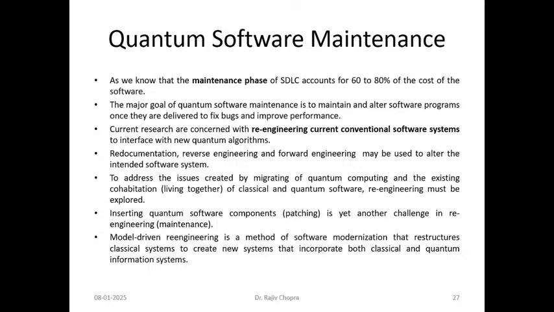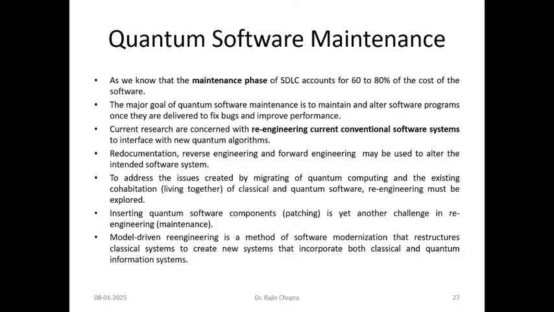Current research is concerned with re-engineering current conventional software systems to interface with new quantum algorithms. Redocumentation, reverse engineering, and forward engineering may again be used here to alter the intended software system. To address these issues by migrating to quantum computing and the existing cohabitation of classical and quantum, re-engineering must be explored.